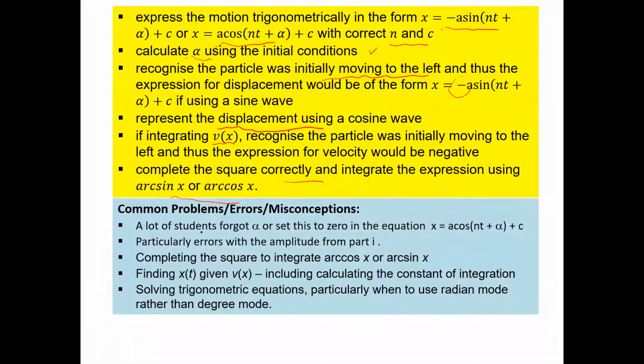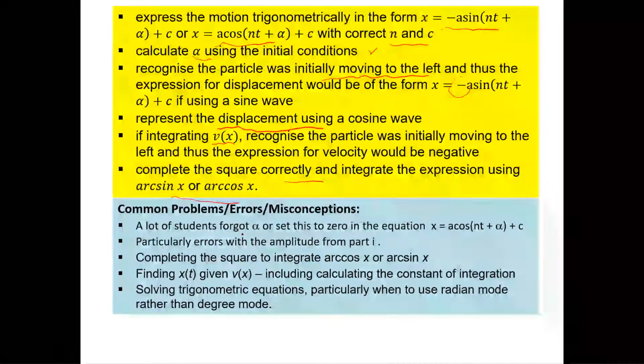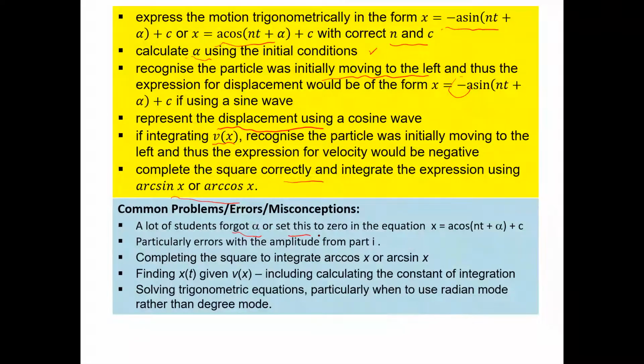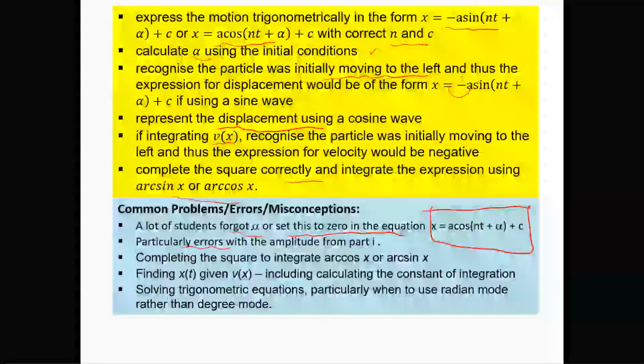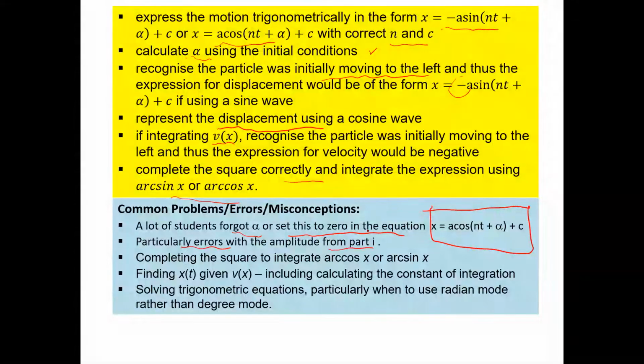Common problems. A lot of students forgot alpha or set this to 0 in the equation x equals a cos(nt plus alpha) plus c. There were particular errors with the amplitude, using the incorrect amplitude from part 1.